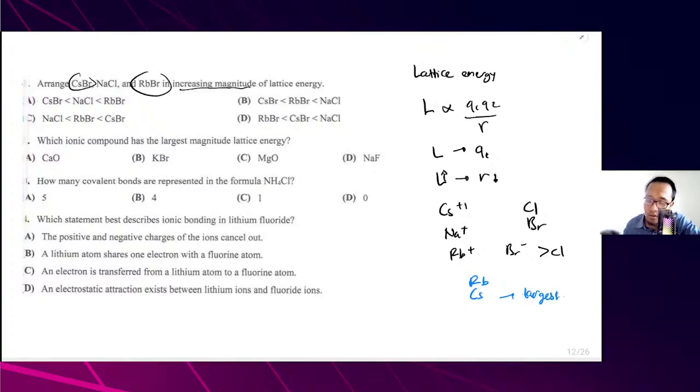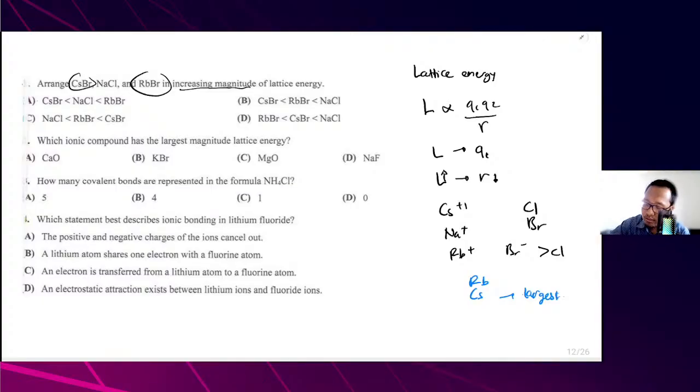So now we just need to put in order, to see which one has the lowest lattice energy. As you can see, Br is larger than Cl.